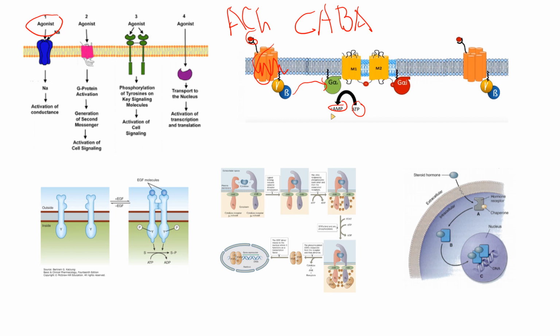cAMP, if you remember that ATP means triphosphate, AMP is monophosphate, adenosine monophosphate. And essentially what this means is this can tack on a single phosphate group to just different parts of this.